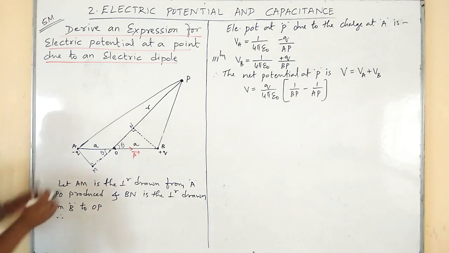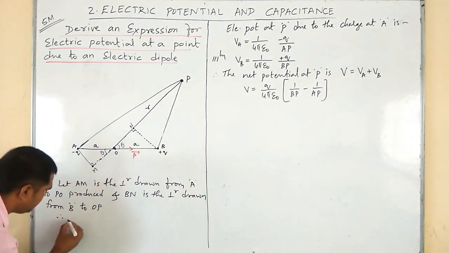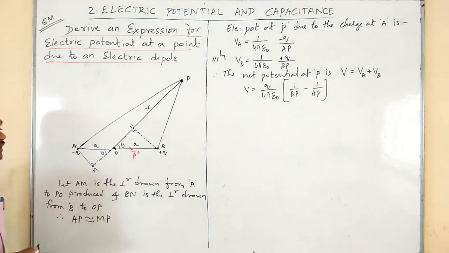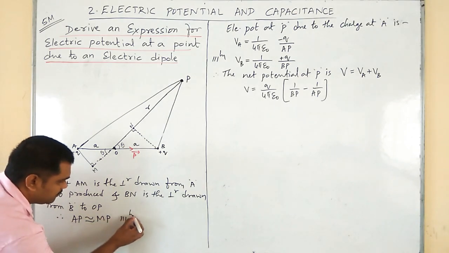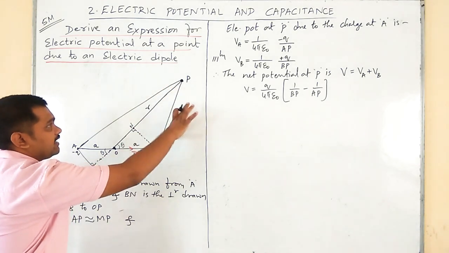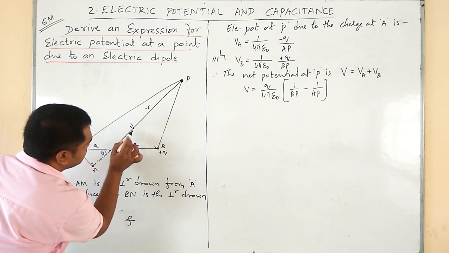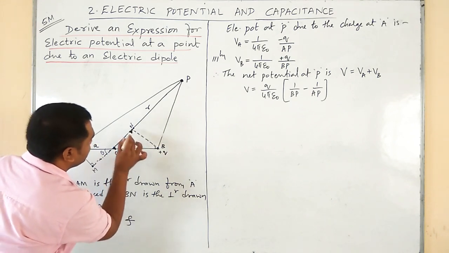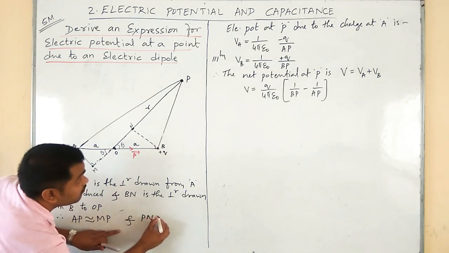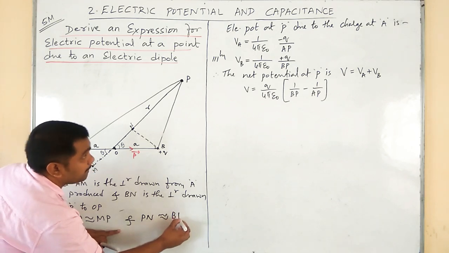Therefore, see, AP is approximately equal to MP. Isn't it? AP is approximately equal to MP. Similarly, see, this PN is approximately equal to BP.